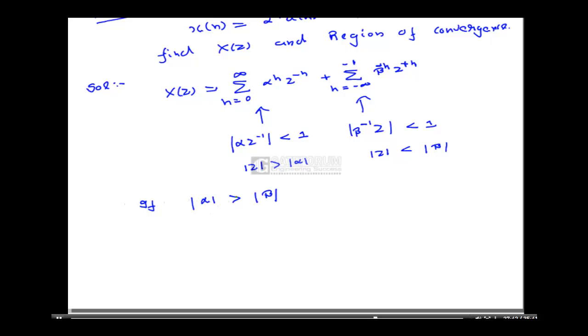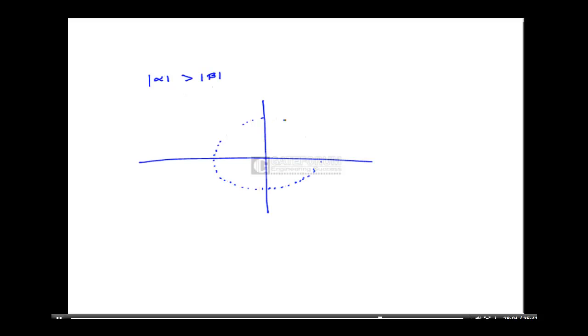Now see the region of convergence for this. We have seen that for the first case, when mod alpha is greater than mod beta, then what will happen? I have my z plane, this is my unit circle. For the first series to converge, mod z should be greater than alpha, and alpha is greater than beta.